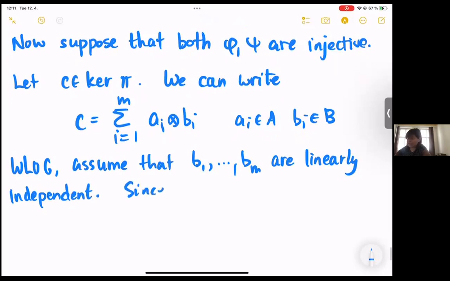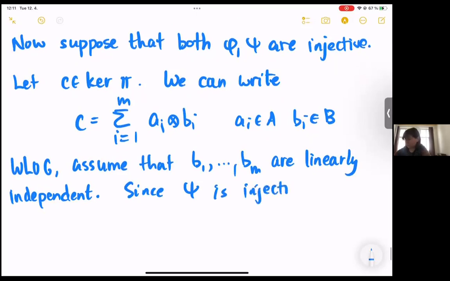Well, in that case, since psi is injective, their images will also be linearly independent.